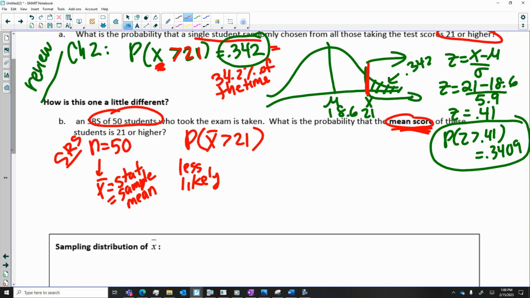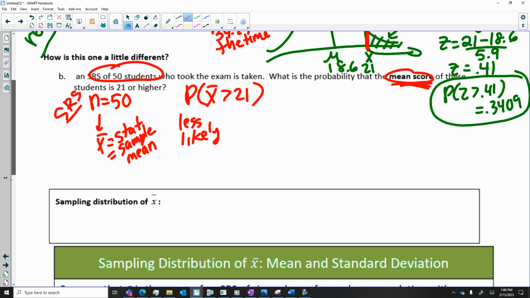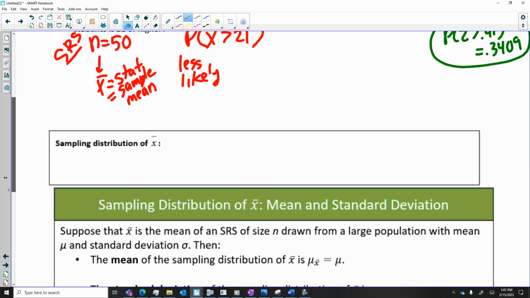Okay, so we are going to set up the bell curve for the X bar, but before we do, we have to go through all the things that we did for the sampling distribution of P hat with the sampling distribution of X bar. So down below, we're going to come back to this question.